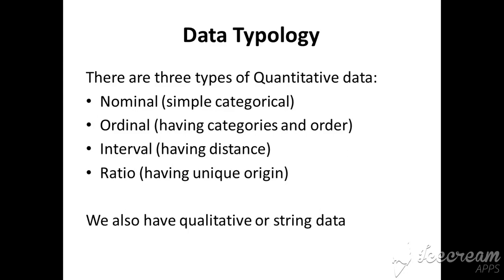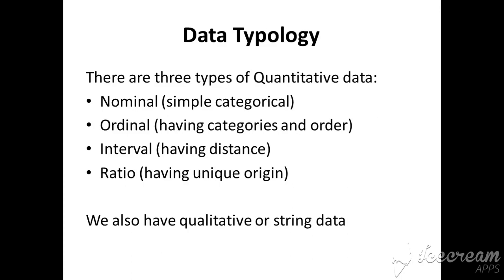The interval data has a category, order as well as a distance, while the ratio data has all three characteristics, that is category, order, distance, and a unique origin. So this was about the quantitative data typology.